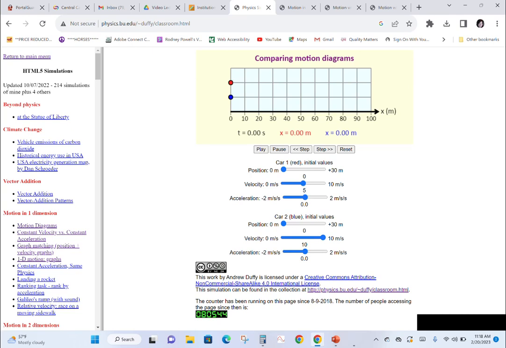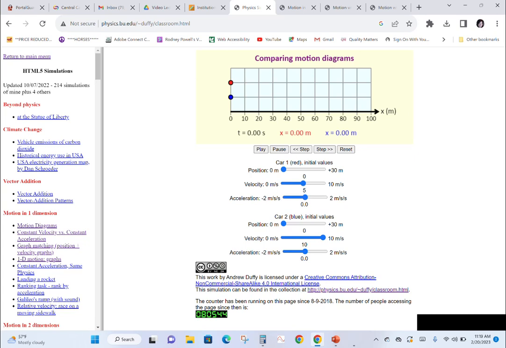So imagine they both are leaking oil, and every second they drop. So if you're traveling at 5 meters per second, then every second you will drop a drop of oil, and you will have gone 5 meters. And if you're traveling at 10 meters per second, you will have gone 10 meters.